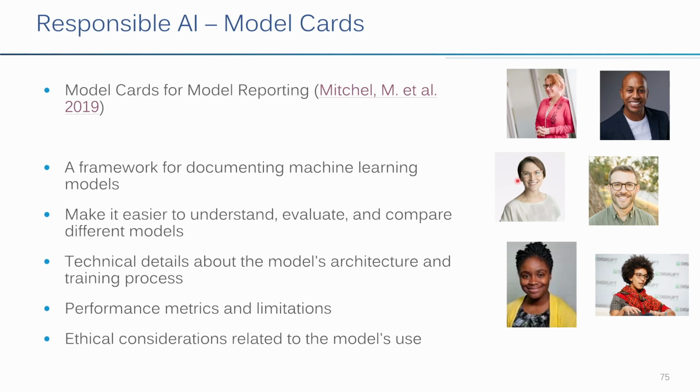So the idea is to make it easier to understand, evaluate, and compare different models simply because there is no de facto or standard way for you to report your model. So it makes things really, really hard to compare between them.